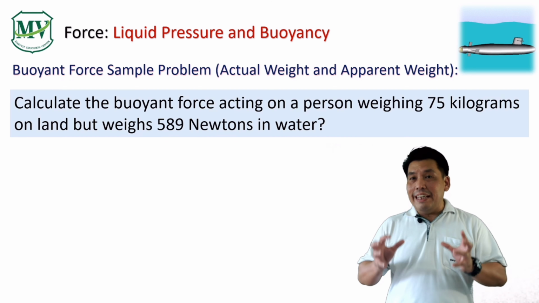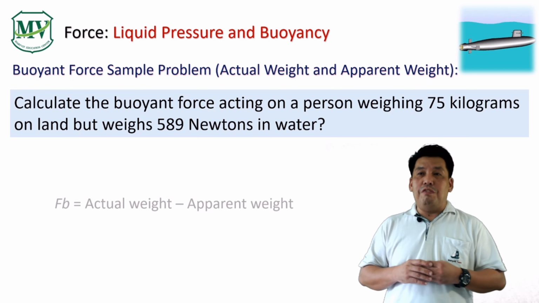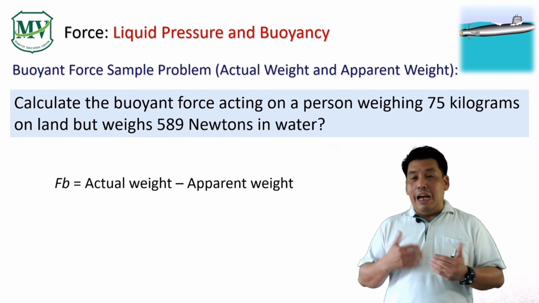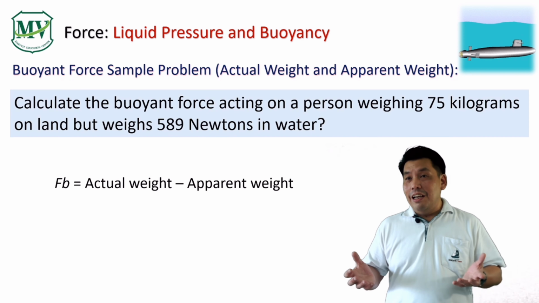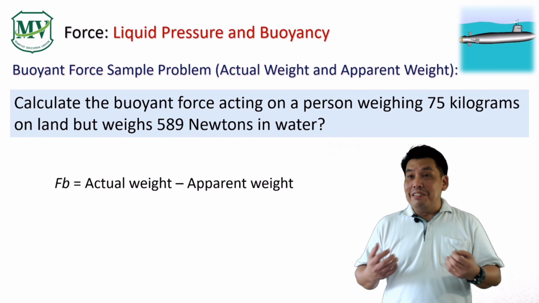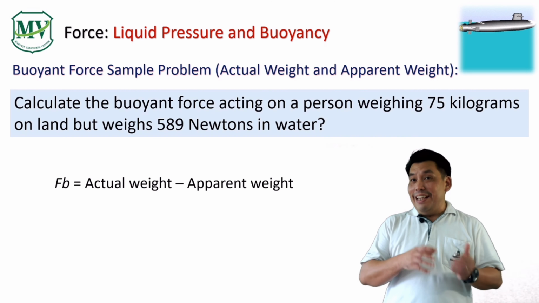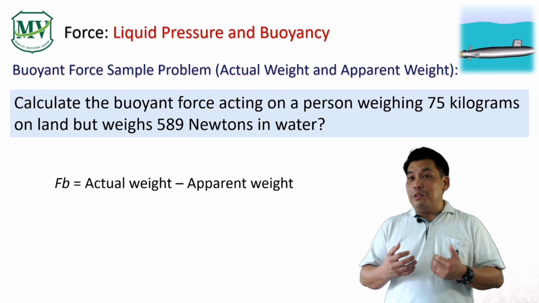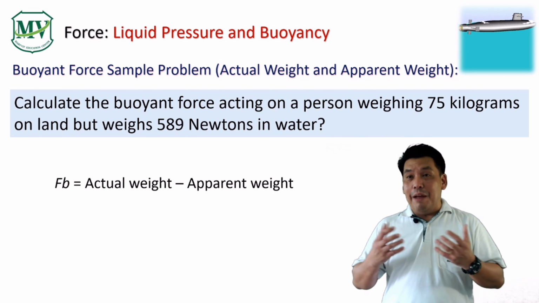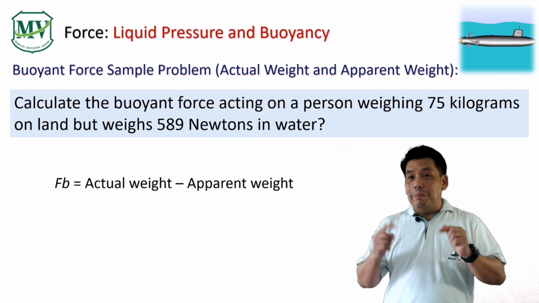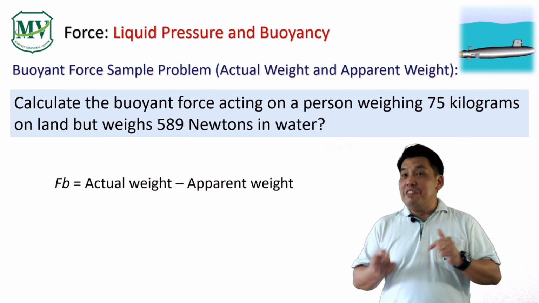We know that weight can be interpreted in terms of force. Thus, weight multiplied by the acceleration due to gravity, we get force. Why? Recall, F is equal to ma, and weight W is equal to mg. And since weight is a perpendicular force, we replace a with g.